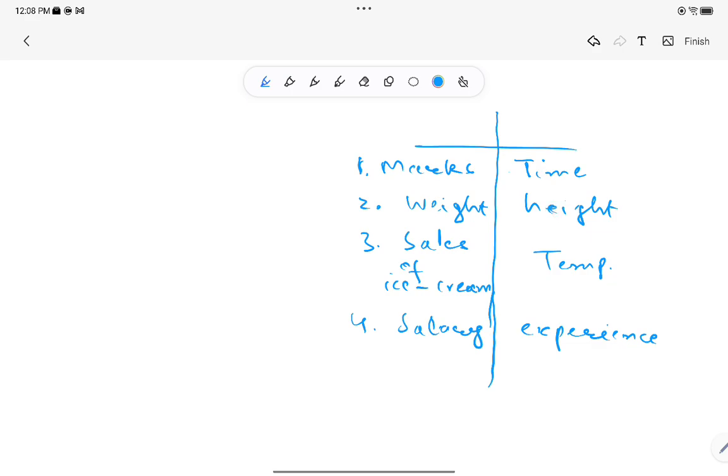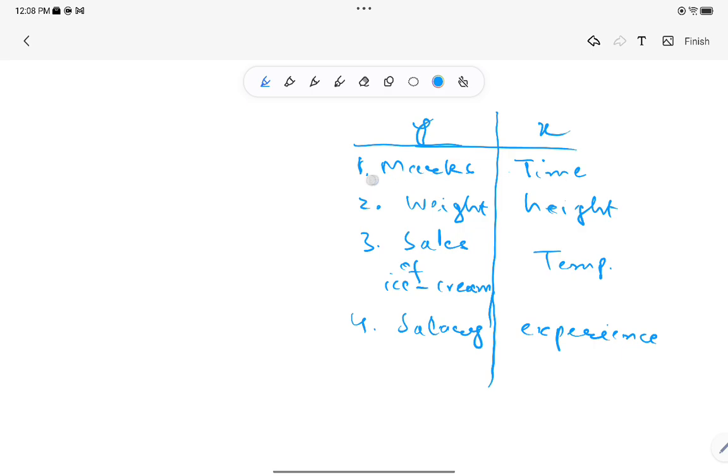Since these pairs are different, here you have marks, weight, sales, salary, we will do one thing. We'll call the variables on this side y, and the variables on this side x. Y will denote that variable which depends upon the other variable.